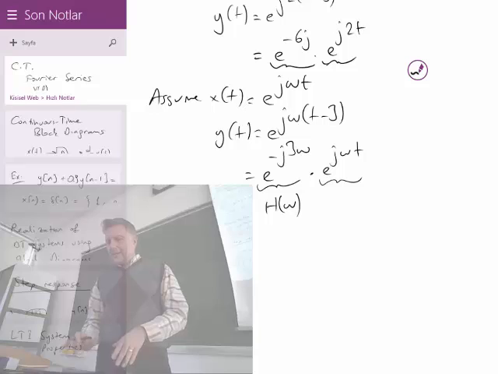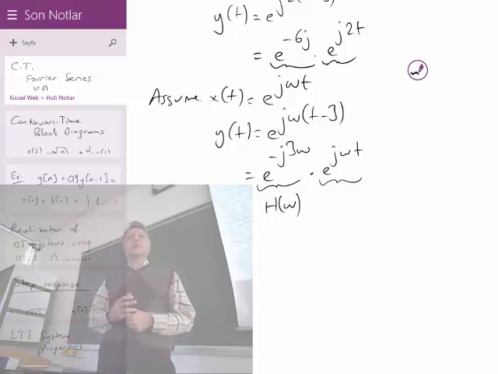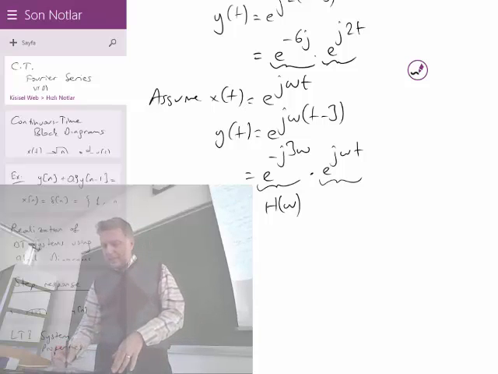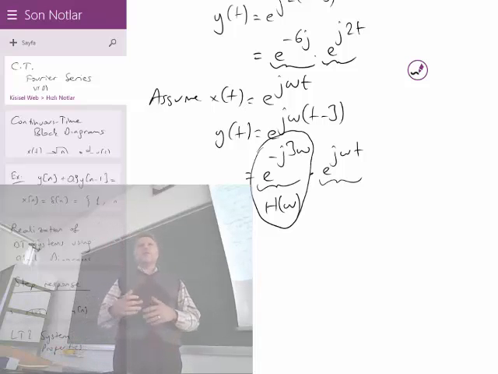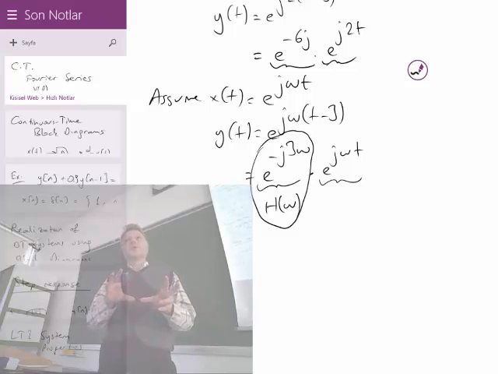Right? Now, if I ask you this question, since this thing is the frequency response, can you find the output of the system to any given periodic signal, not necessarily a complex exponential, e to the j omega t form?